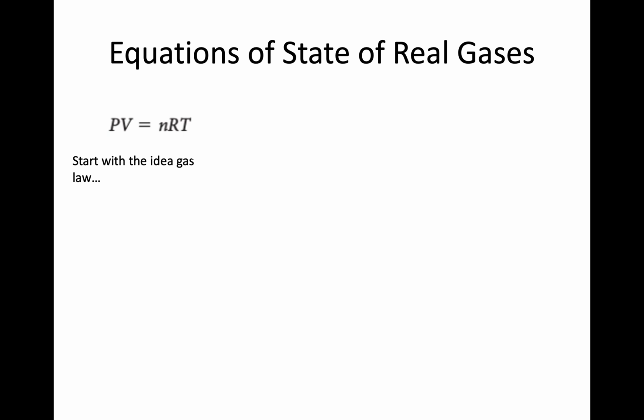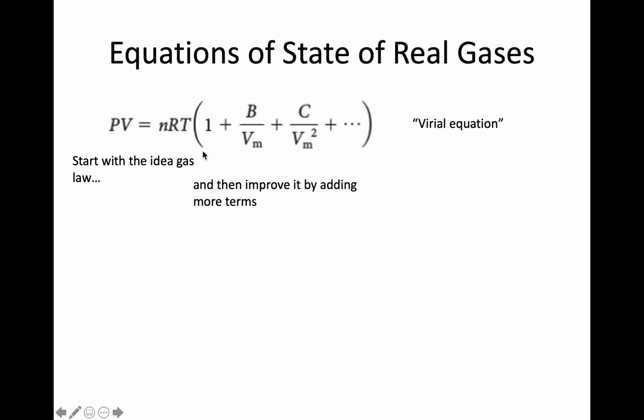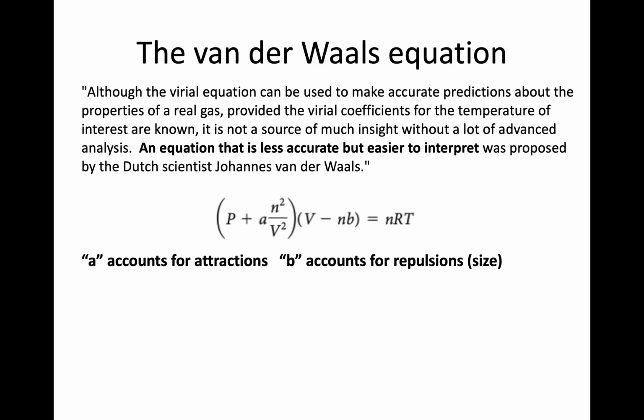Now, equations of state are used to describe real gases. We could start with our PV equals nRT, and we can add more and more terms. If we add more and more corrective terms, we're going to get a better description of the gas. It's going to fit the experimental data better. As we add more and more complexity, it's going to do a better and better job of describing the phenomena. So we can have more and more what are called virial coefficients.